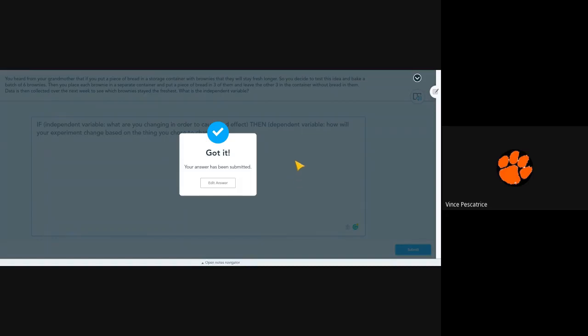So I'm asking you in this experiment, what are we choosing to change? All right, so what we're trying to measure is the freshness of the brownies, and we are testing, like we stated in our hypothesis, if the bread in the container will do anything. So what are we doing to the experiment to try to get a result?